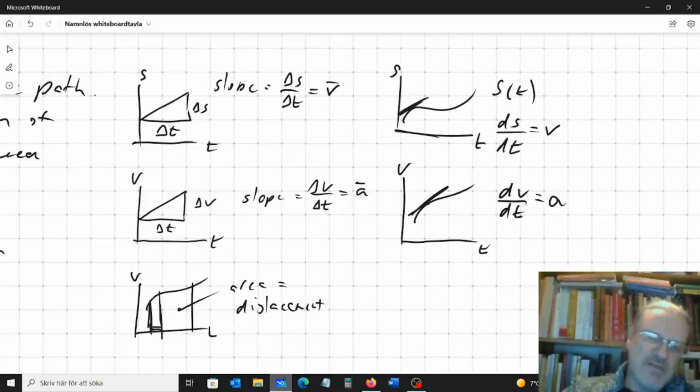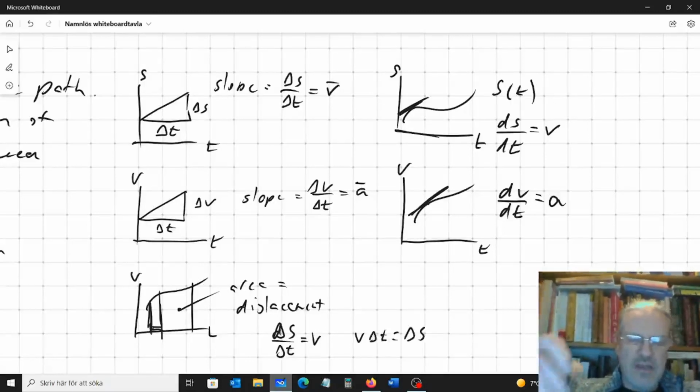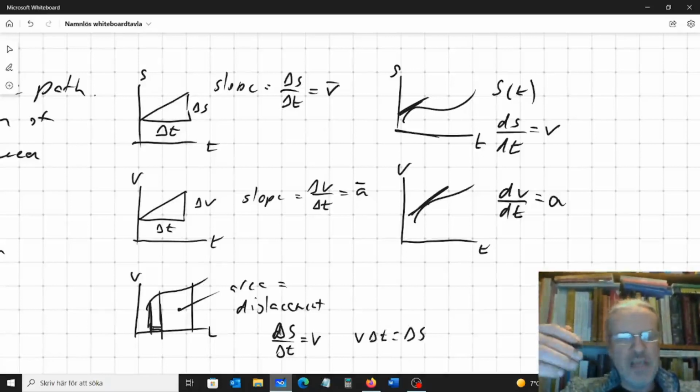And since we have that change of distance over change of time equals velocity, then velocity times change of time will be a change of distance, or displacement.